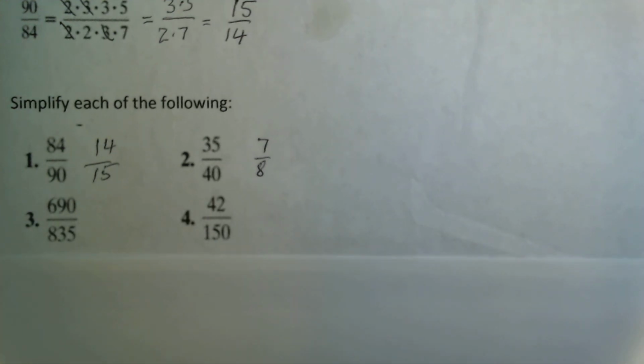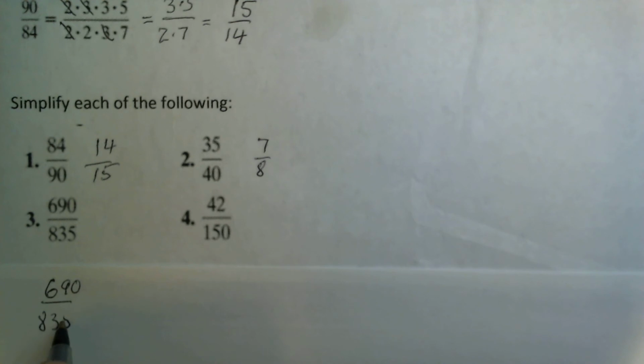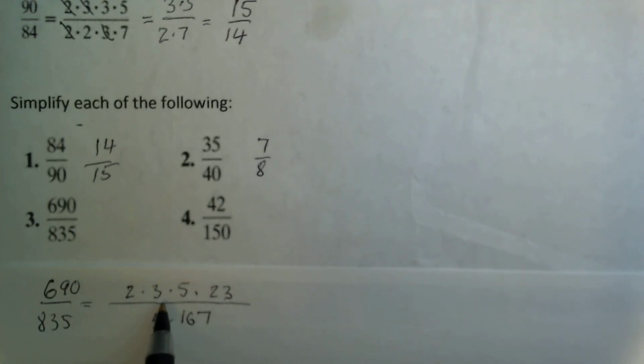And we can use the same approach for number 3. We find the prime factorization of 690 divided by 835. So here are the prime factorizations of 690, 2 times 3 times 5 times 23, and that of 835 is 5 times 167. The 5's cancel.